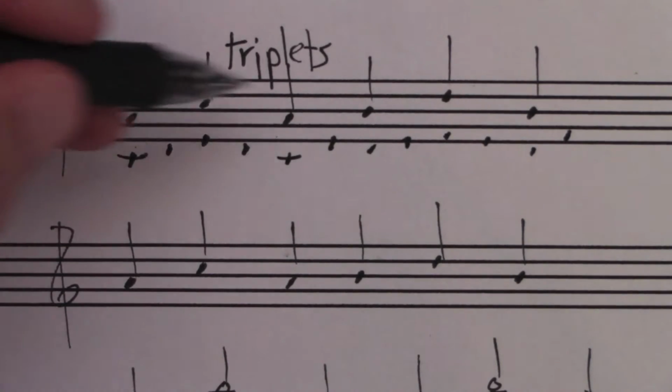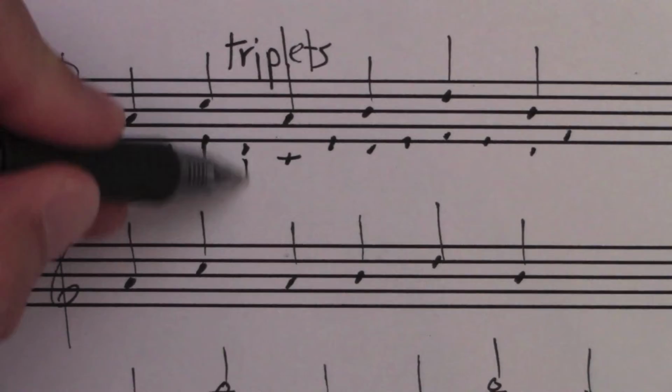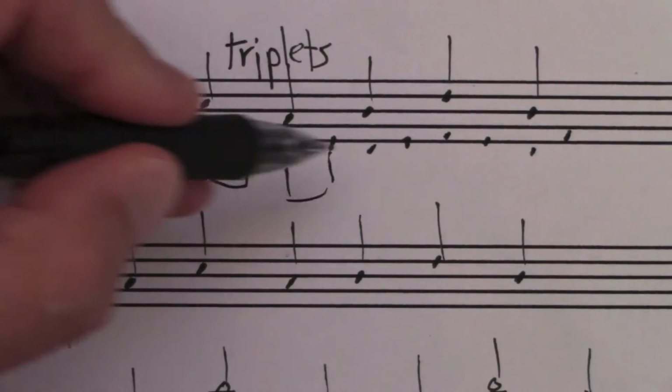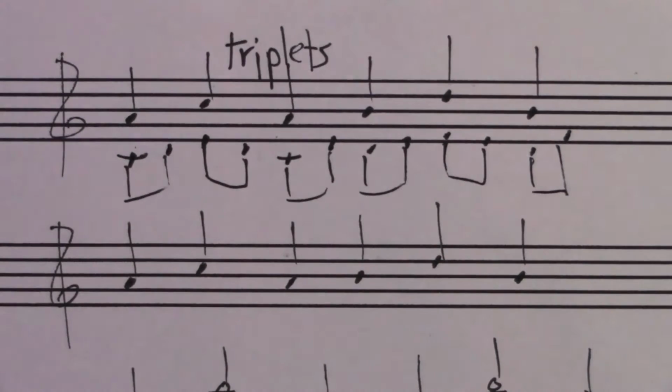So, for example, these quarter notes can be divided into two eighth notes. So here is our quarter note melody. So that's our pulse. One, one, one, one, one.